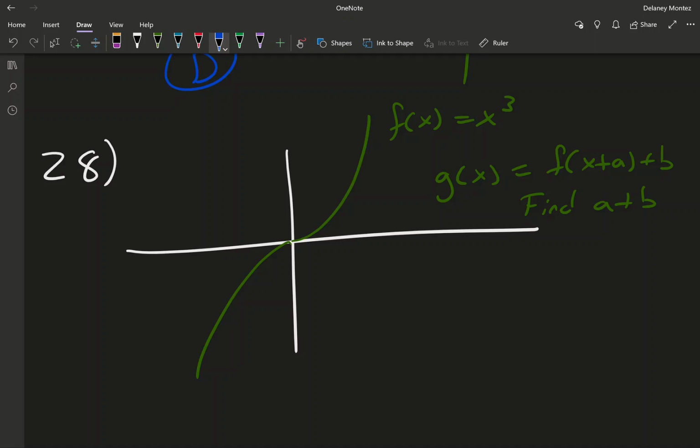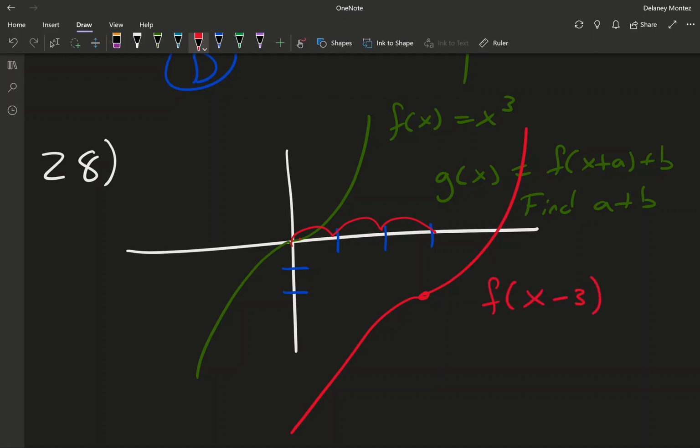So the new graph is going to look something like this. I'll do it in red. So it moved over how many places? 1, 2, 3. Remember, like we said earlier, if it moves over to the right, we put a negative number there.